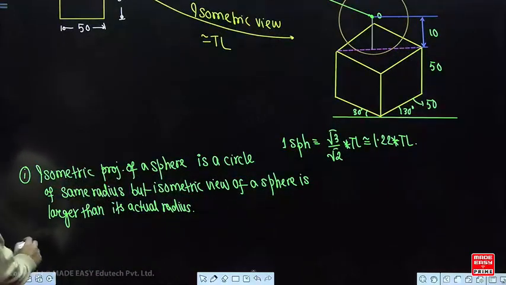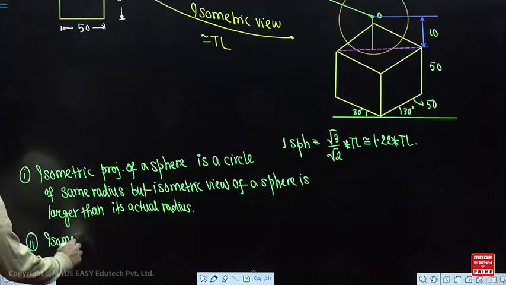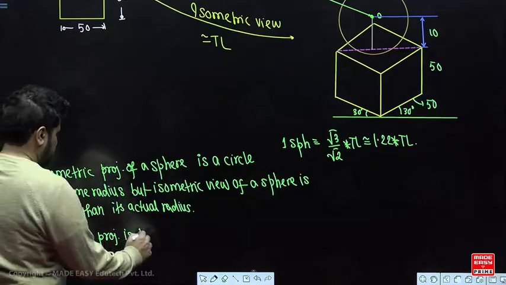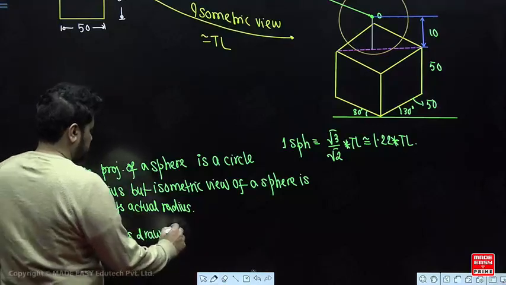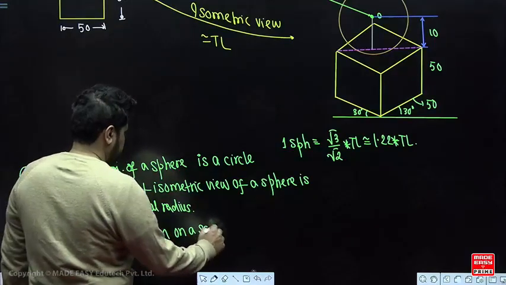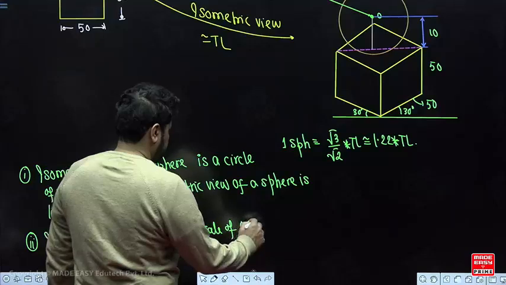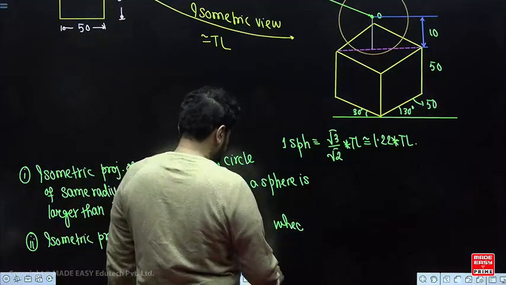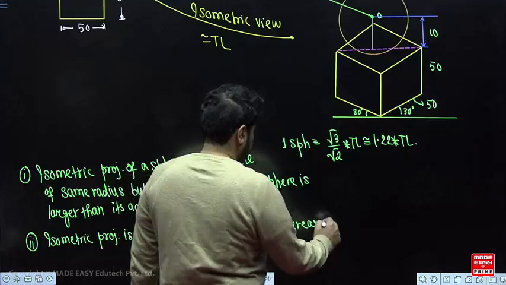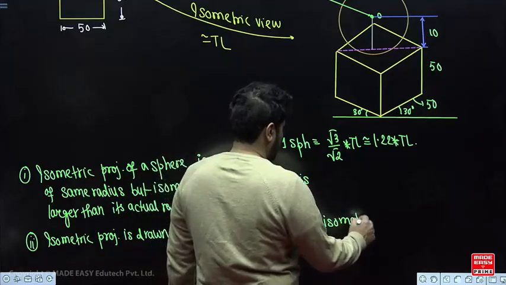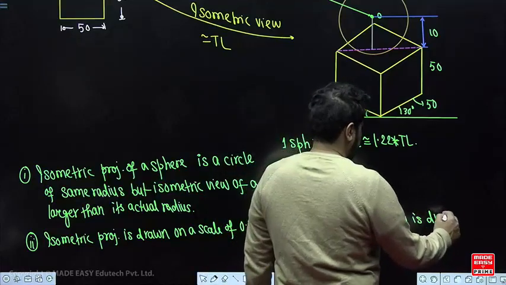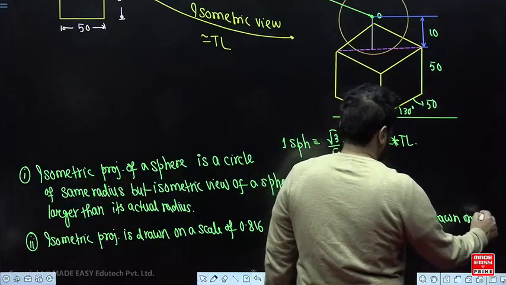Second point, isometric projection is drawn on a scale of 0.816, whereas isometric view is drawn on true length.